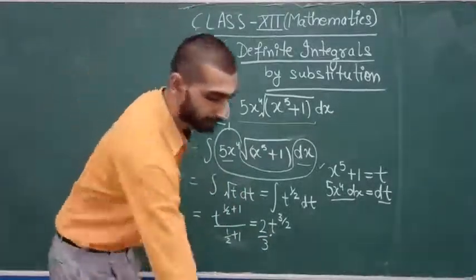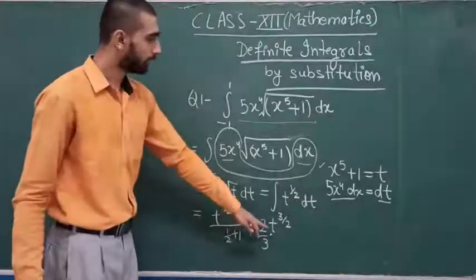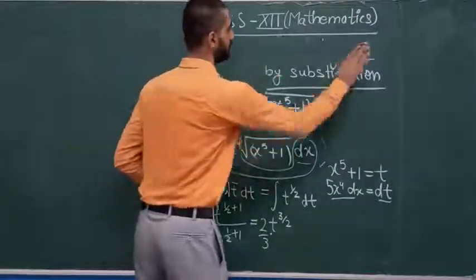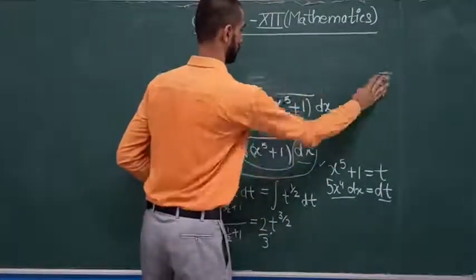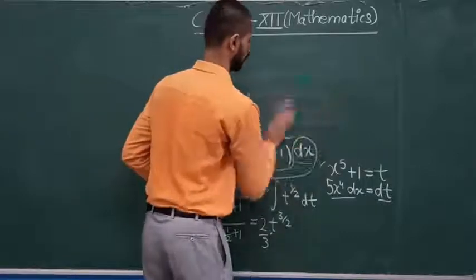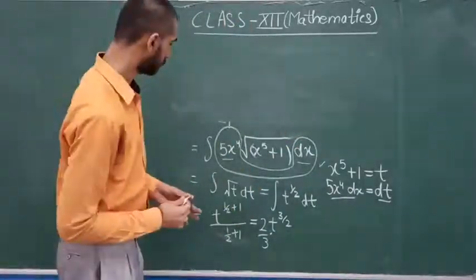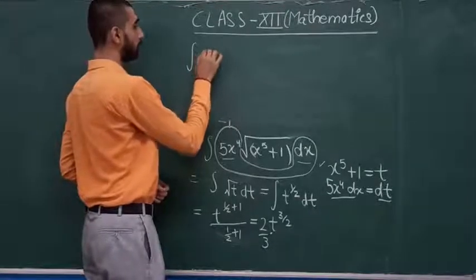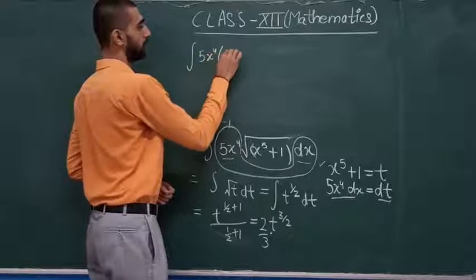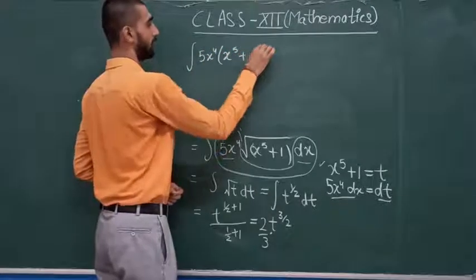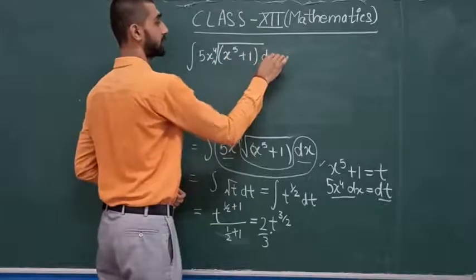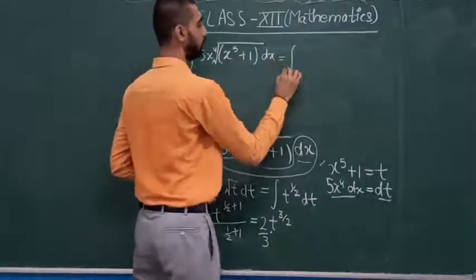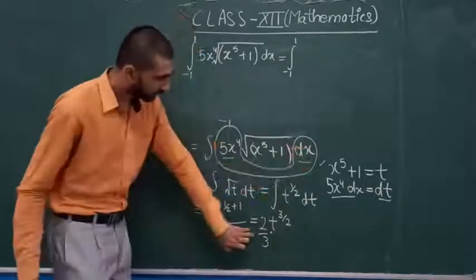Now what I will do? I will put the value of these functions back in my integration. Let me clear this. Now, my integration of 5x to the power 4 root of x to the power 5 plus 1 dx with limits -1 to 1 will be equal to this, and this is my answer.